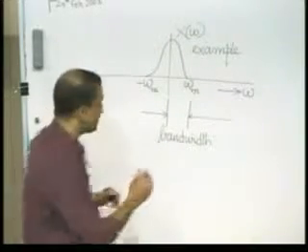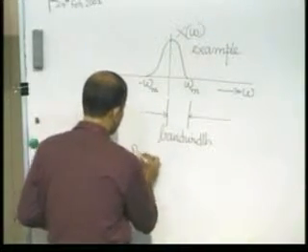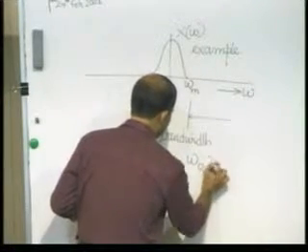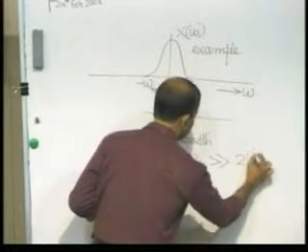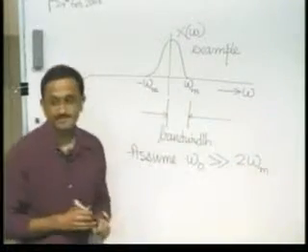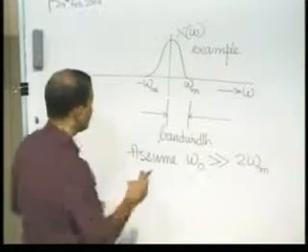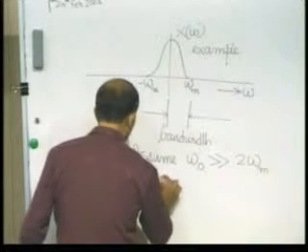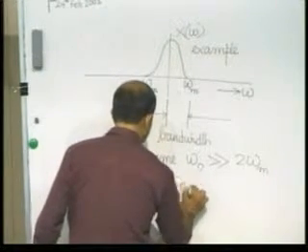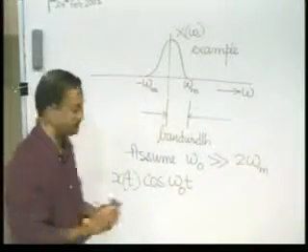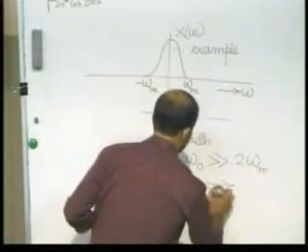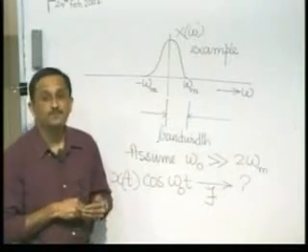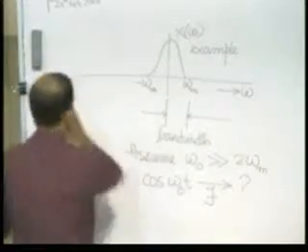Now let's assume that omega naught is much greater than 2 times omega m, and we look at what happens to the Fourier transform of x(t) cos omega naught t. We would like to obtain this graphically.